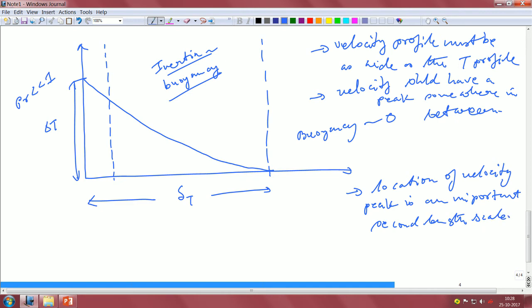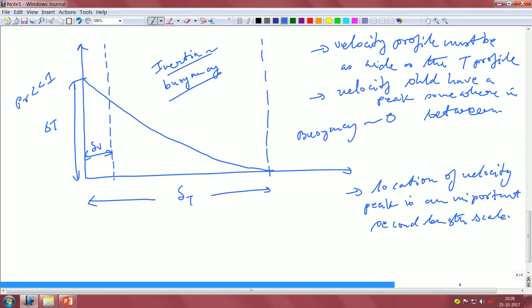If we assume that delta V is that particular thickness, it is a very small thickness of a layer right next to the wall. Just hear the arguments here very carefully, that we are imagining that there is a thin layer of fluid very close to the wall, which we are defining as this delta V, because we are trying to find out what will be the location of the peak and what will be the value of the peak.